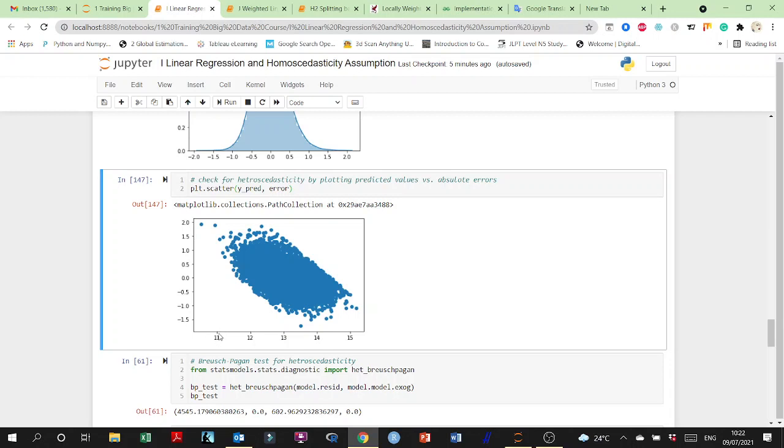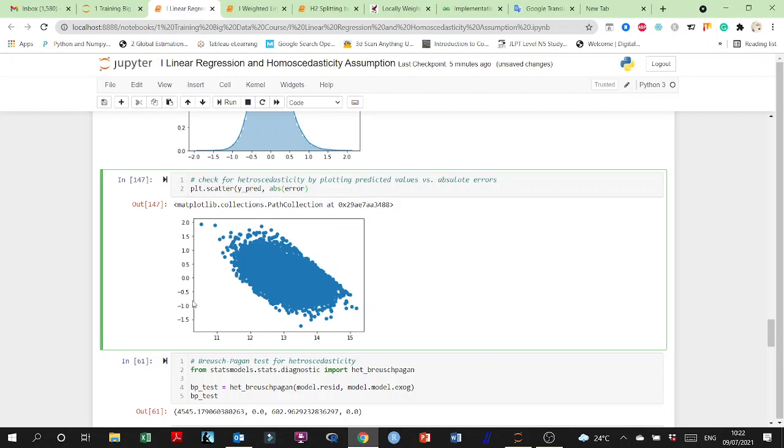So here at the low predicted values, the error is very high. As the predicted values increase, moving to the right of the x-axis, the error values decrease. But in fact, this is not an absolute error, so I cannot really use this.